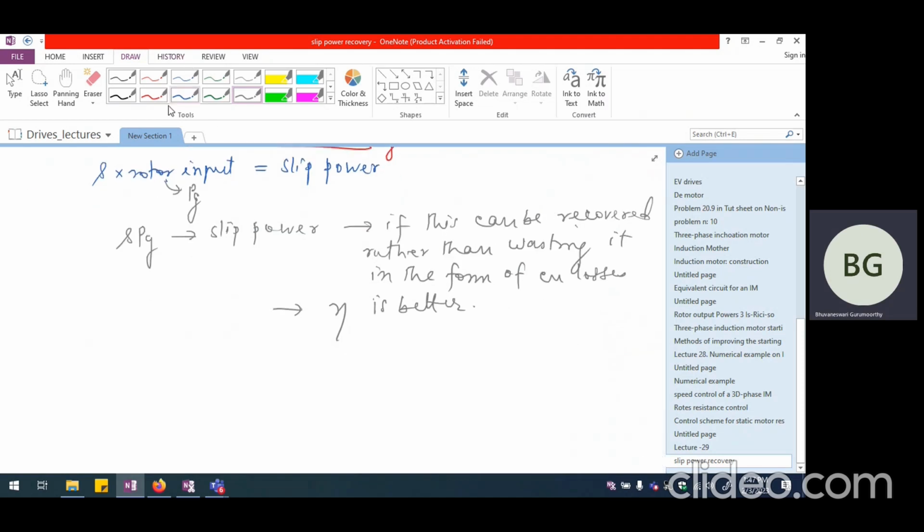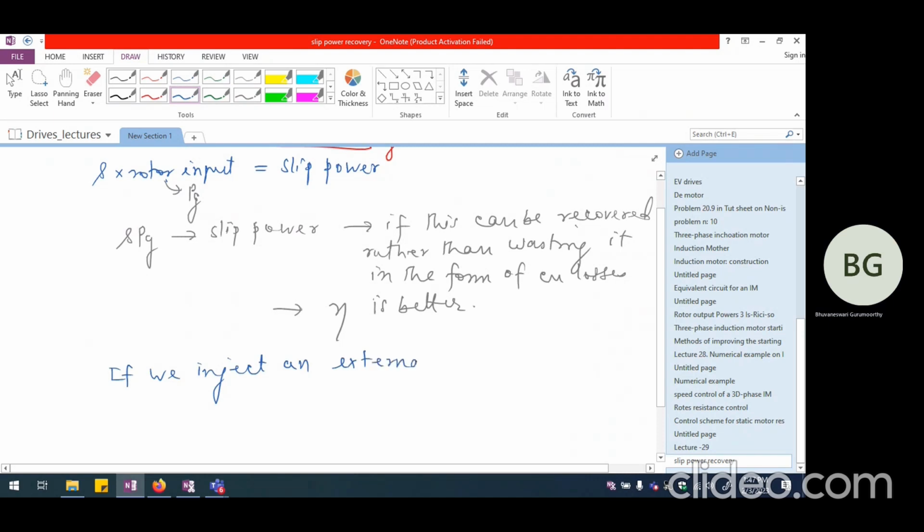So let me first of all start with if we inject an external voltage from the rotor circuit, from the rotor terminals.